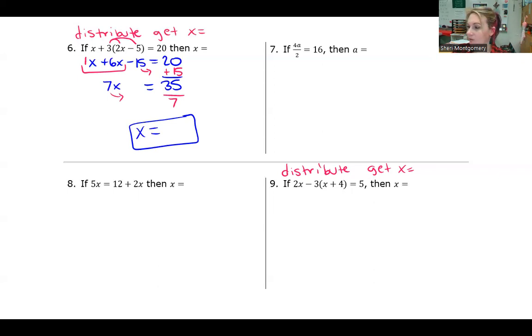Since question number 9 is almost the same, I would like for you guys to work question number 9 by yourself. I'm going to work question number 9, and let's make sure that we get the right answer.